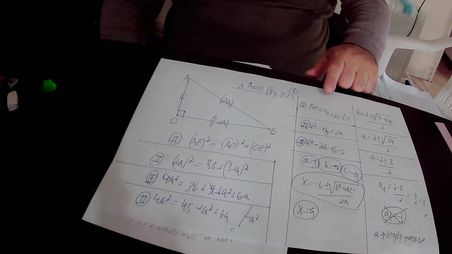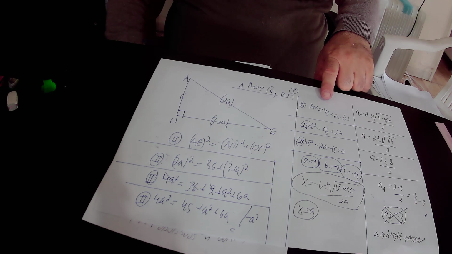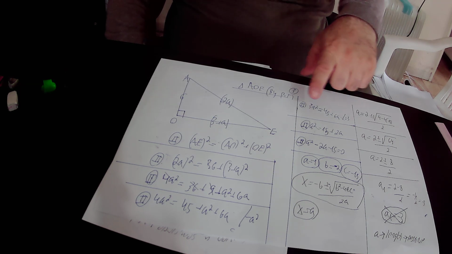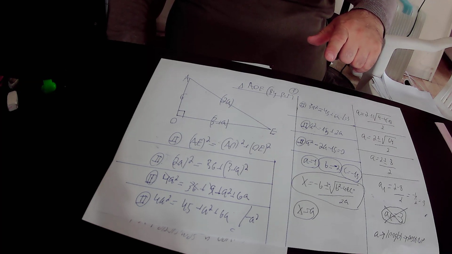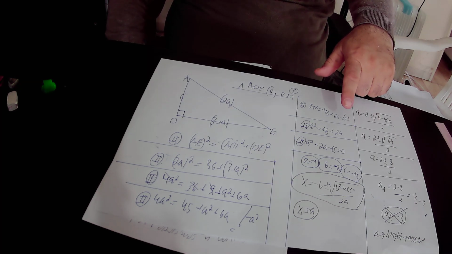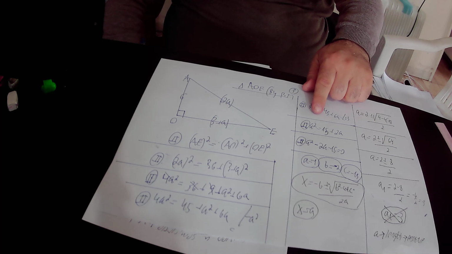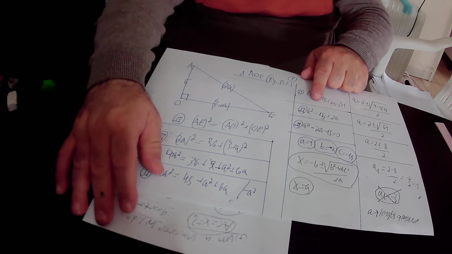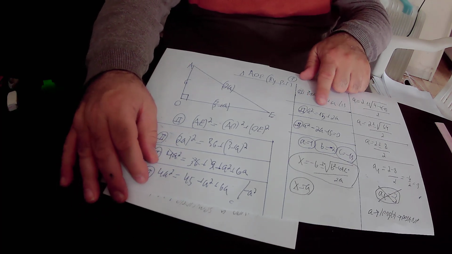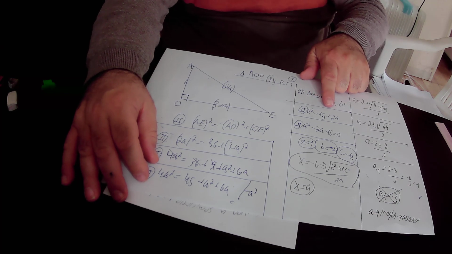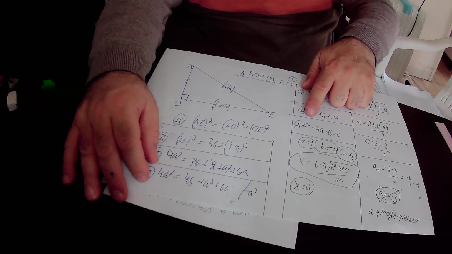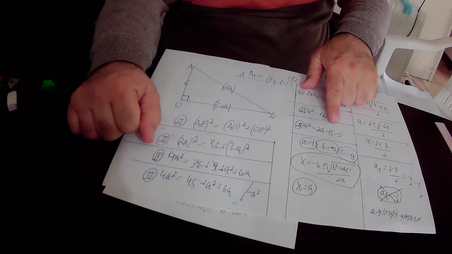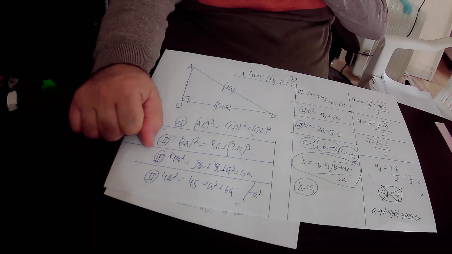We divided this equation by 3, and found out that 3A squared over 3 is A squared, 45 over 3 is 15, and 6A over 3 equals 2A. So in conclusion, we found out that A squared equals 15 plus 2A. We subtracted 15 and also 2A from this equation, and we got the quadratic equation A squared minus 2A minus 15 equals 0.